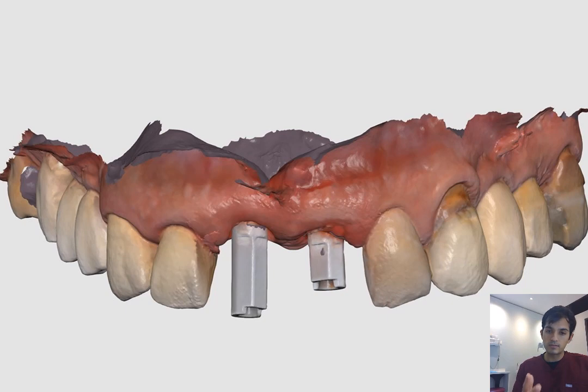And it's that flat surface that will allow you or your lab technician to now match the scan body with his digital library. That's where they establish the common features of a scan abutment from. So make sure that your scan captures the entirety of the flat surface. You do not want any gaps or inadequate scan data on that aspect.